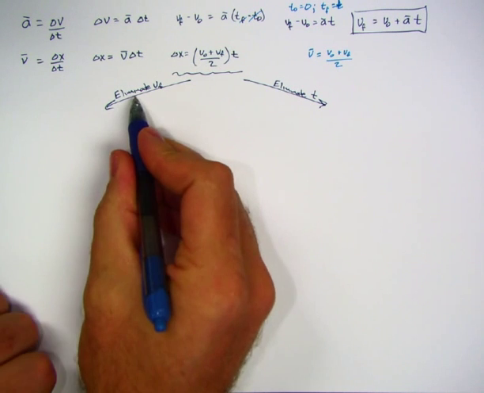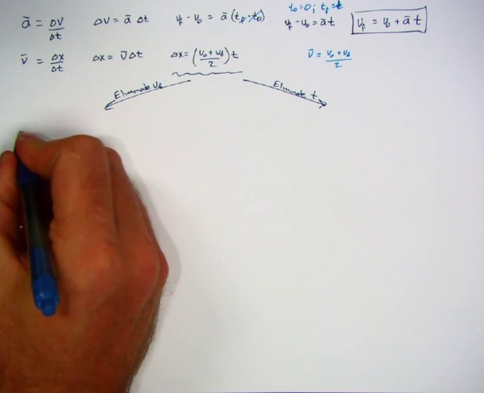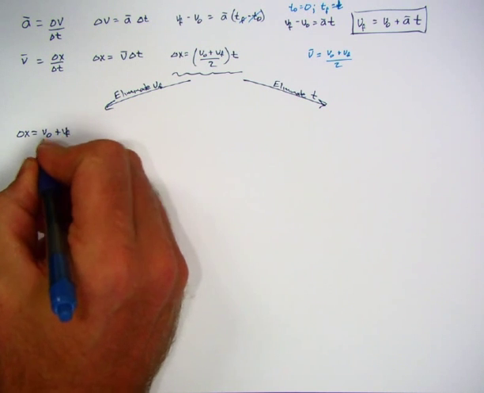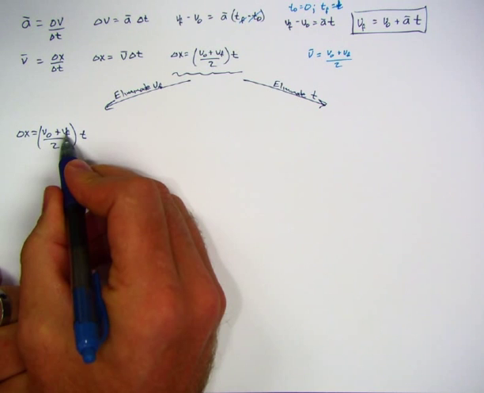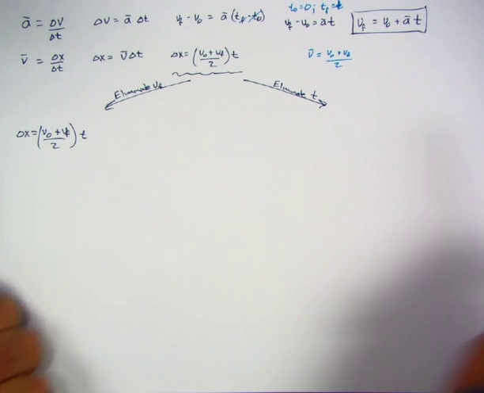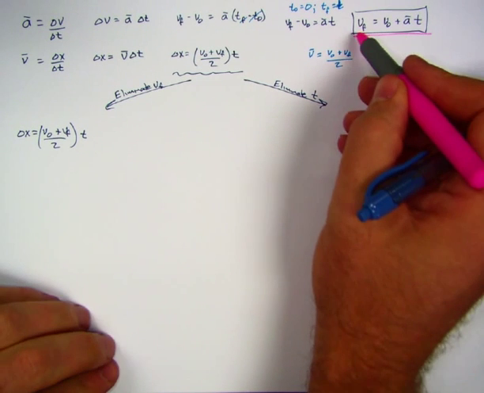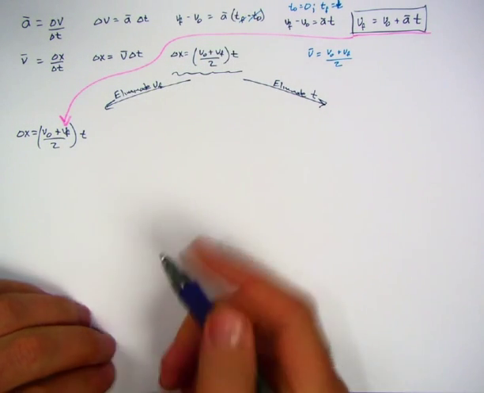So how do we eliminate final velocity? Let's just start with that. We've got our equation: delta x is v0 plus v final over 2 times time. I know what final velocity is. I'm going to take this final velocity equation and just substitute it right there.